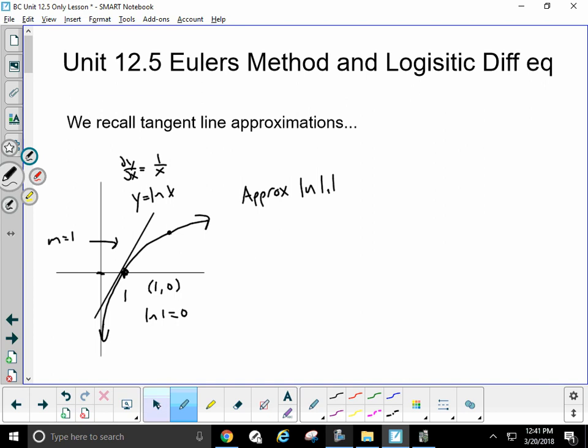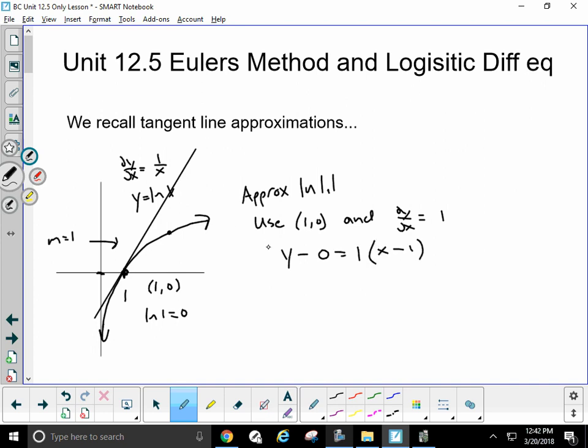Okay, and I create this tangent line. I'm using (1, 0) and my derivative, which was 1, to create my tangent line: y minus 0 equals 1 times (x minus 1).